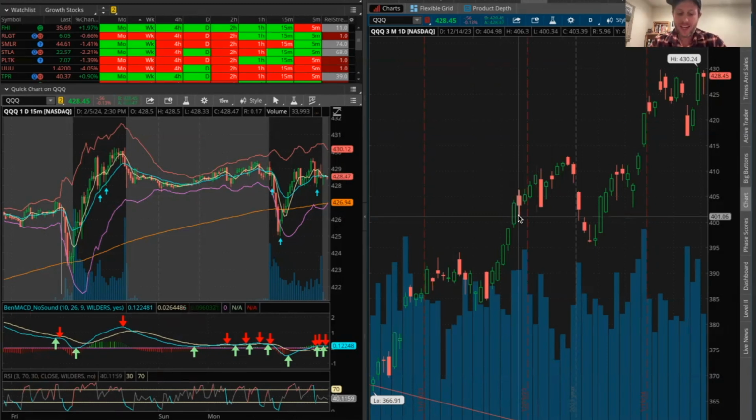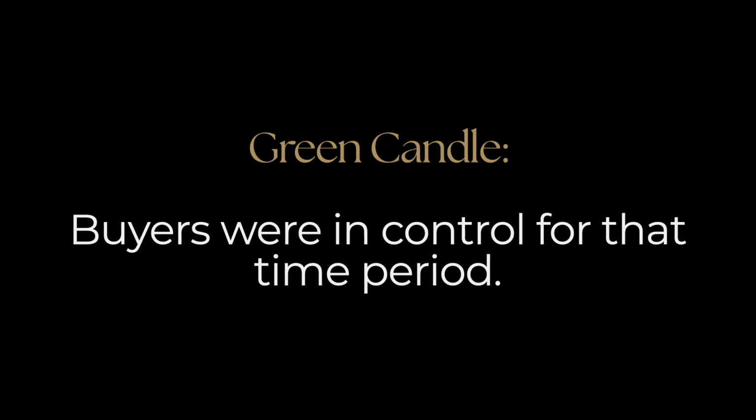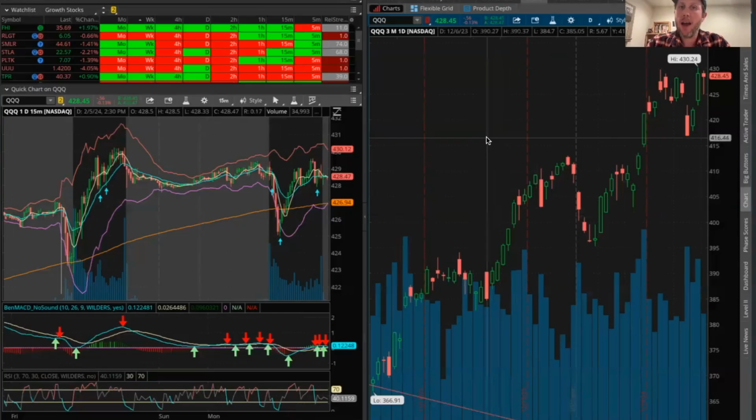So let's talk about what these candles are, okay? The first thing I want to say is that when you see a green candle, all that means is that buyers were in control of that particular time period. So right now I have QQQ, I have their daily chart pulled up, which means on these days where the candles are green, the buyers were in control of that entire time period.